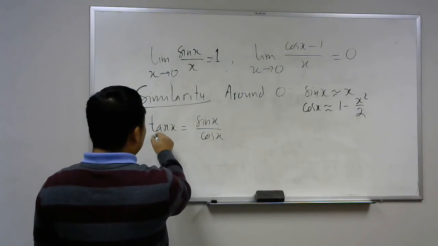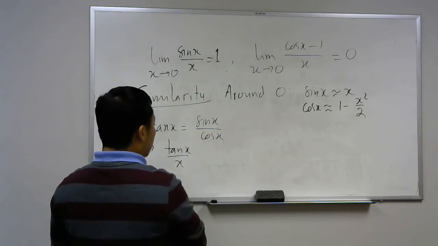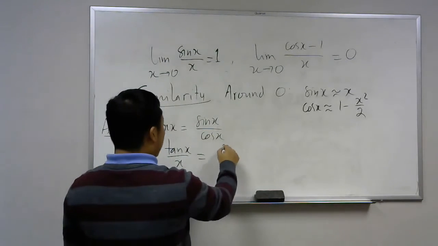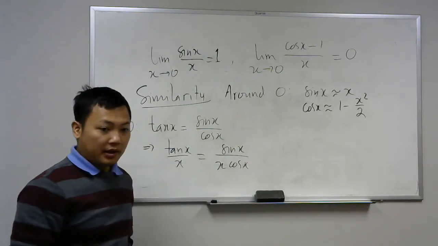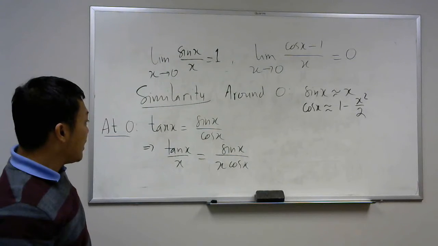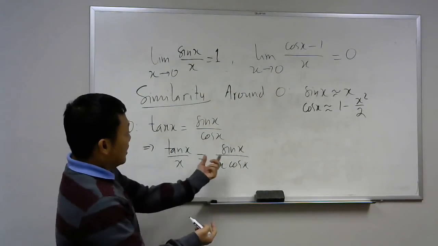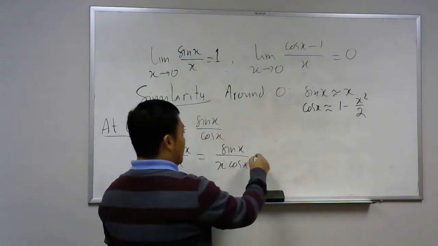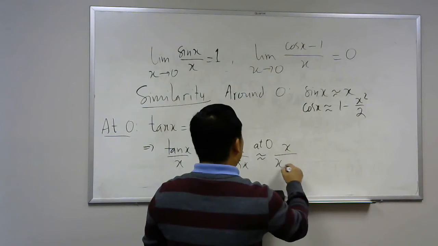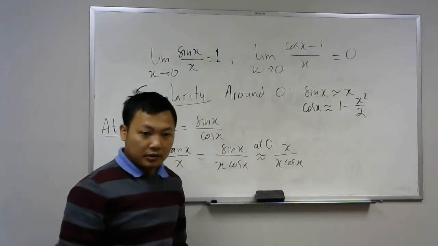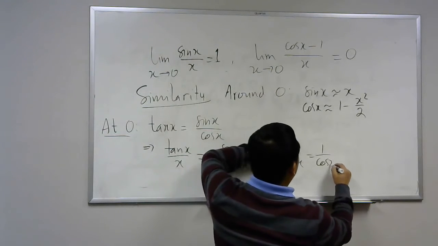I have tangent x over x equal to sine of x over x cosine of x. And then, since we are considering at 0, sine of x is similar to x. So this guy is just similar, I write at 0, to x over x cosine of x, right? And so you simplify x and x, you get 1 over cosine of x.